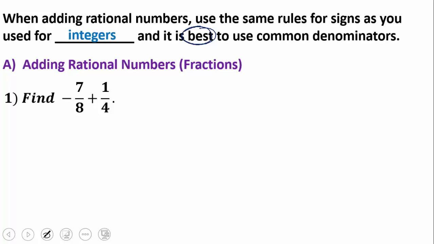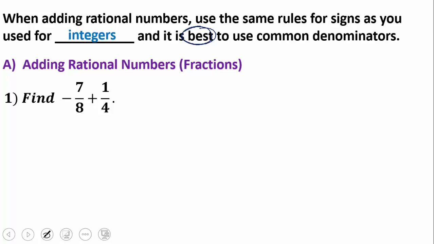I'm going to show you in class, because I don't want to spend valuable video time showing you how to add these fractions without common denominators, but someone please remind me to show you in class how to add them without having common denominators. But tonight, what we're doing, we're going to use common denominators, and we're going to use those 4 bullet points.